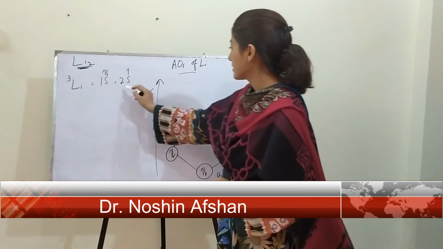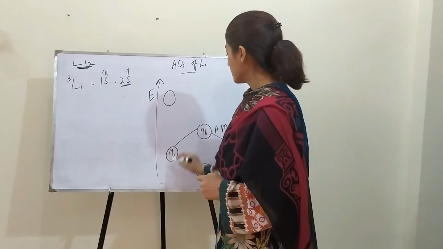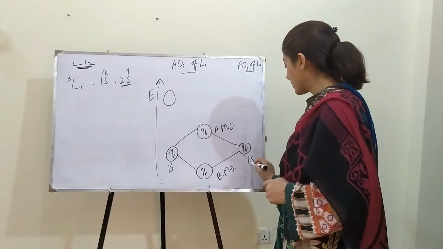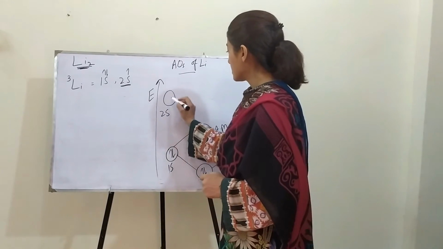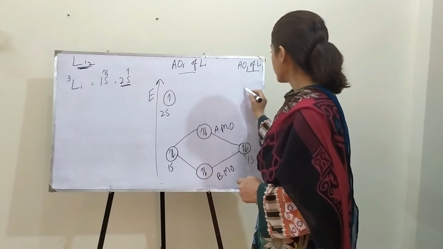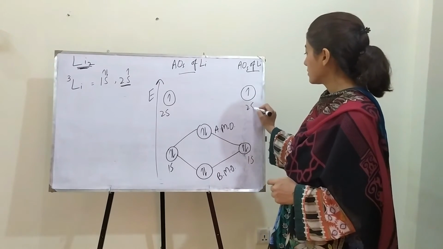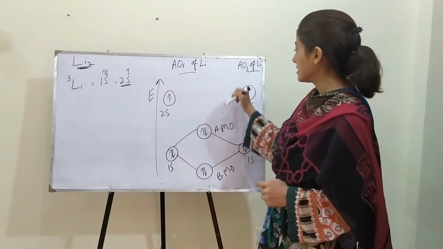And then there comes the 2s orbital. Here it is 1s and 1s. This one is 2s orbital. Here there is only 1 electron in this one, and also here is also 1 electron only in 2s orbital of the other lithium atom.